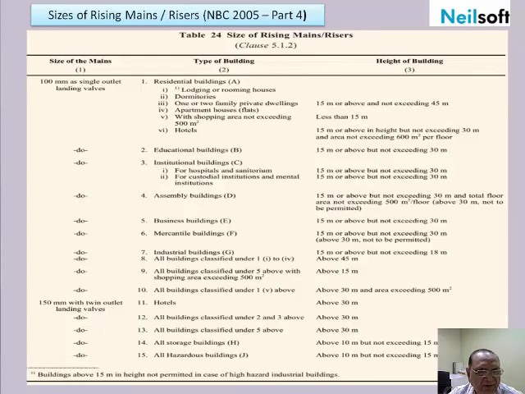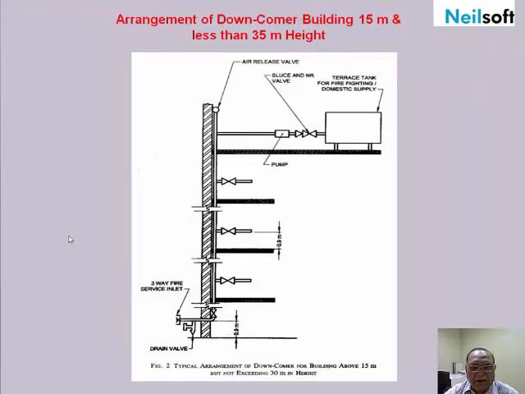So we go further with that. This slide is explaining the building not exceeding 30-meter height and above 15 meter. What you see over here, these are not having a storage tank like other larger occupancies.